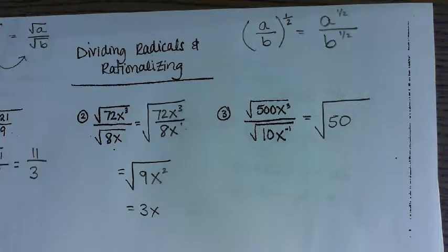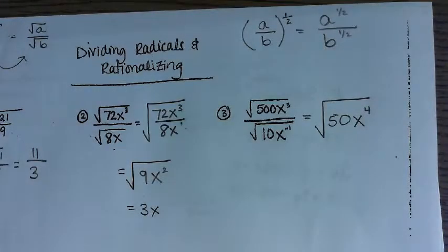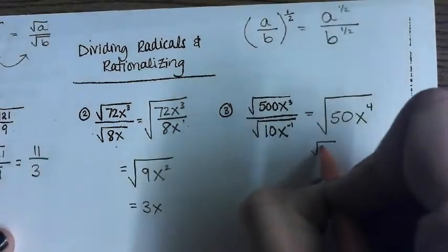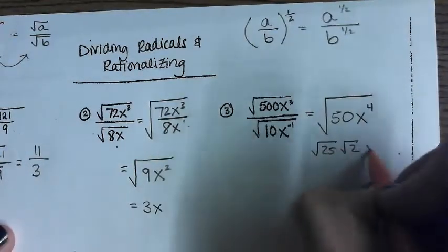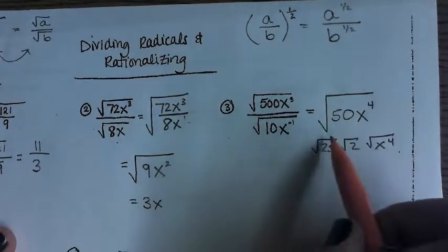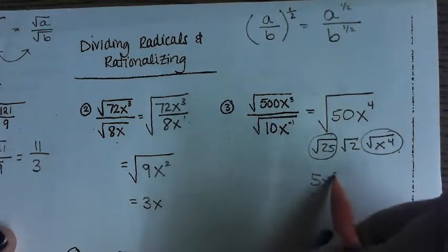And x cubed divided by x to the negative first, think exponent rules here. X to the fourth, good, Mike. Because 3 minus negative 1. Now, the square root of x to the fourth I could do, but 50 I've got to break down. Root 25, root 2, and then I'm going to leave the x to the fourth for the moment. And that's going to give me a 5x squared, root 2.